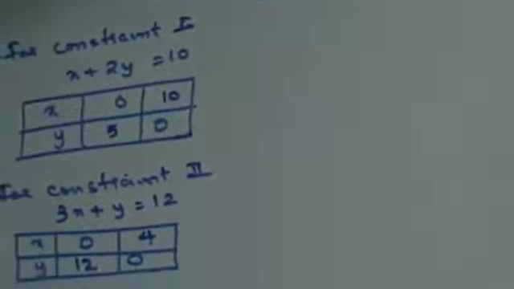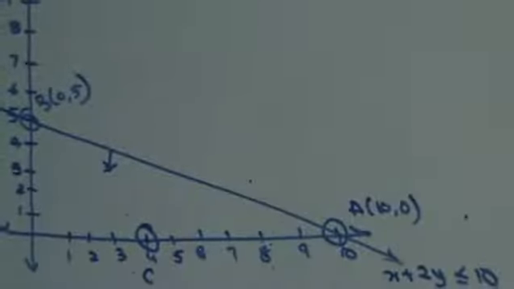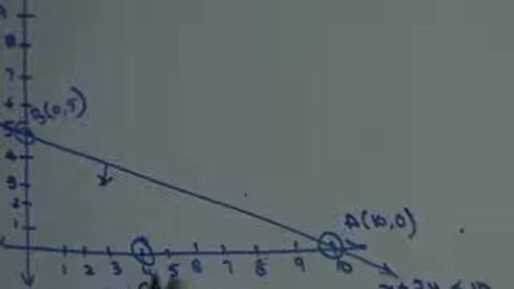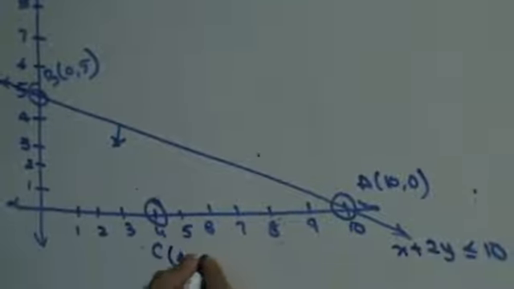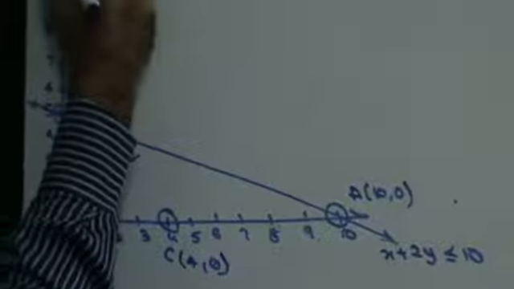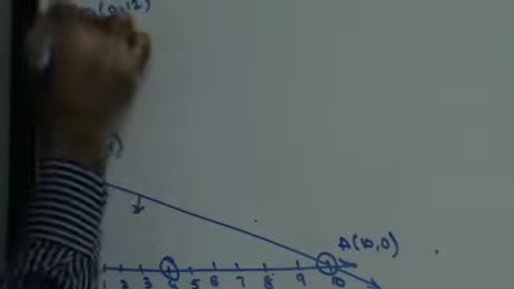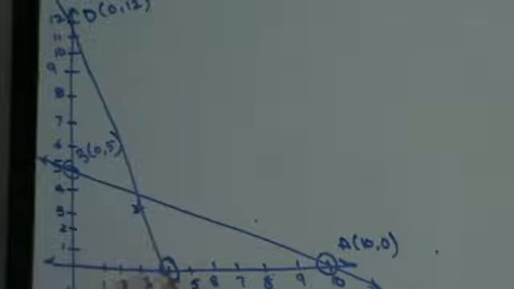Right? Next, similarly, x is equal to 4. So, this is going to be that point C, which is going to be 4, 0. And this is that point D, which is 0, 12. Draw a line joining through them.